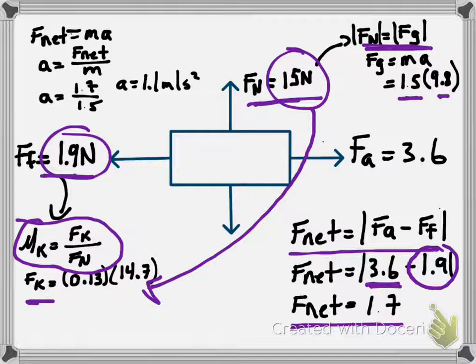So now we can use that number in our Fnet equation. Again, we have our mass of 1.5, and that allows us to calculate our 1.1 meters per second squared. So that would be your typical free body diagram, and that would be something that would possibly be on a test or an exam.